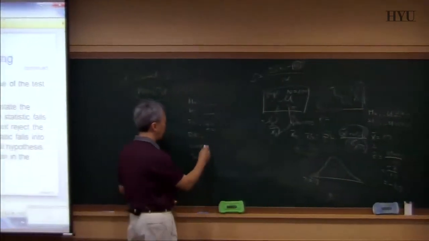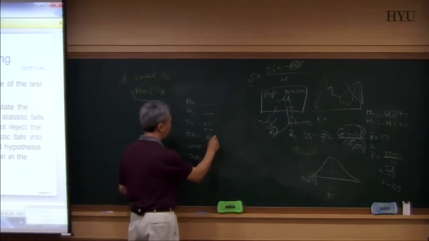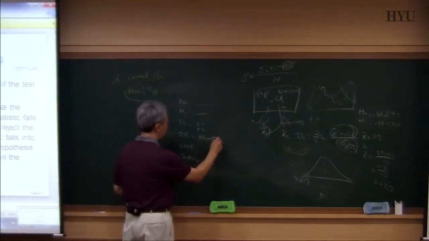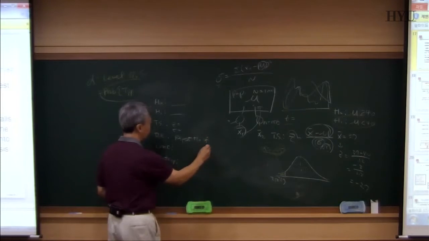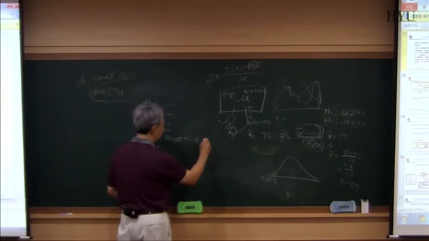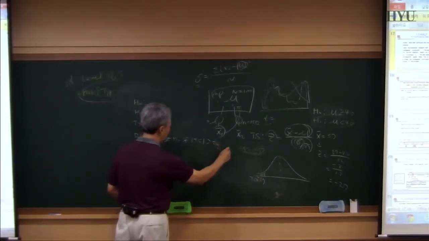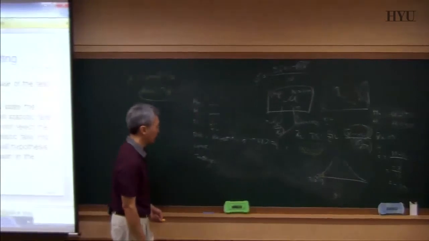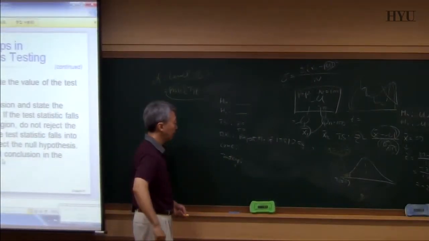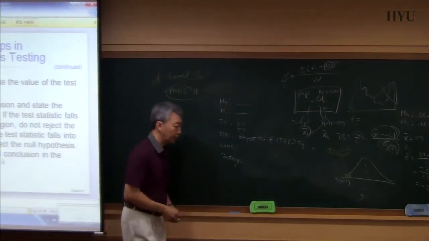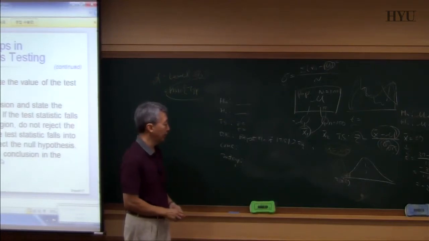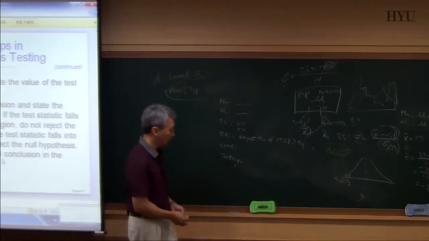And the decision rule is: reject the null hypothesis if the absolute value of the test statistic is greater than t of alpha with the degrees of freedom.